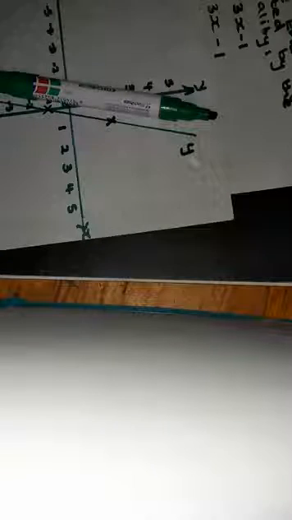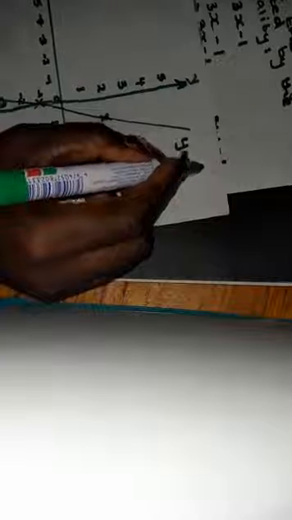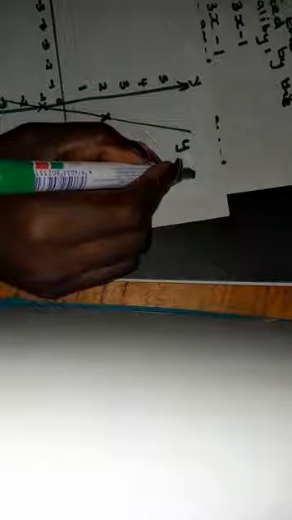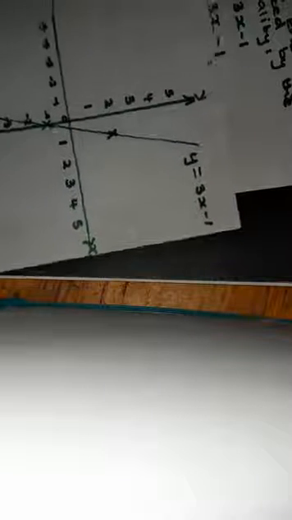Is it a solid line or should it be a dotted line? So here we have to name this as y is equal to 3x minus 1.